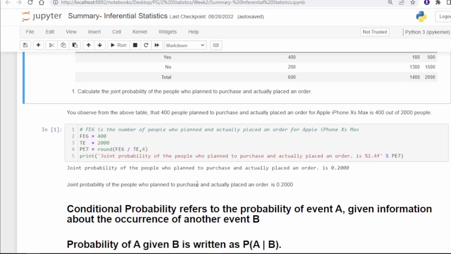So what we have is the number of people who planned and actually placed an order for Apple iPhone XS Max, that is 400.